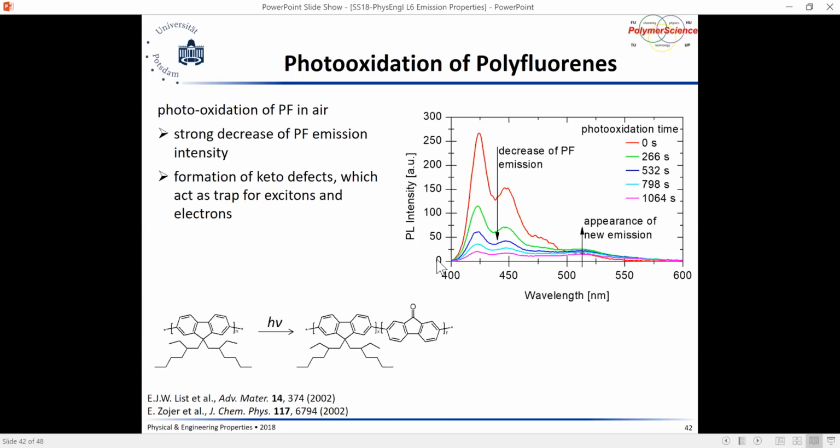And it's not just that the emission intensity is lost, but rather we start to have a new peak forming. This is because the photodegradation breaks some bonds, and in this particular case, it forms a keto defect. It acts as traps for excitons and electrons, and as a result, we get this new emission band appearing.